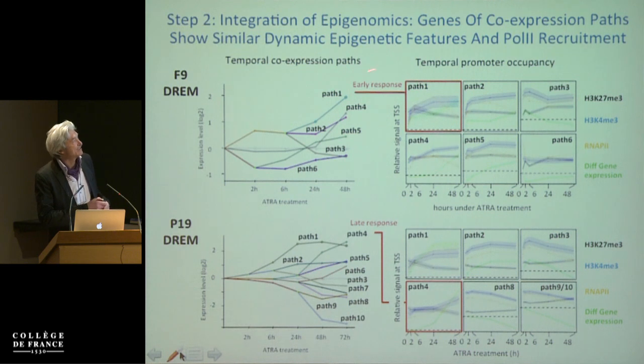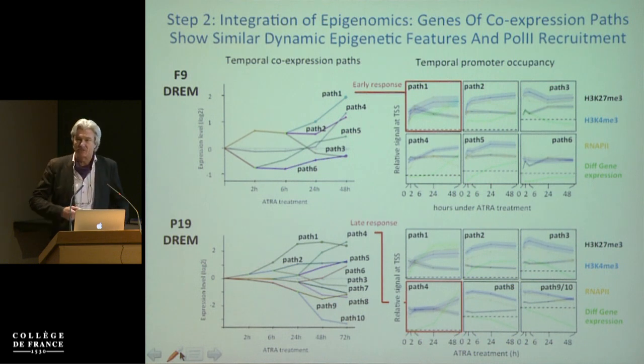You see that all of the genes in path 1, the activated one, are characterized by a decrease, which is this black shadowed area, of the repressive epigenetic mark, and a rather rapid increase of the positive mark for transcription regulation.